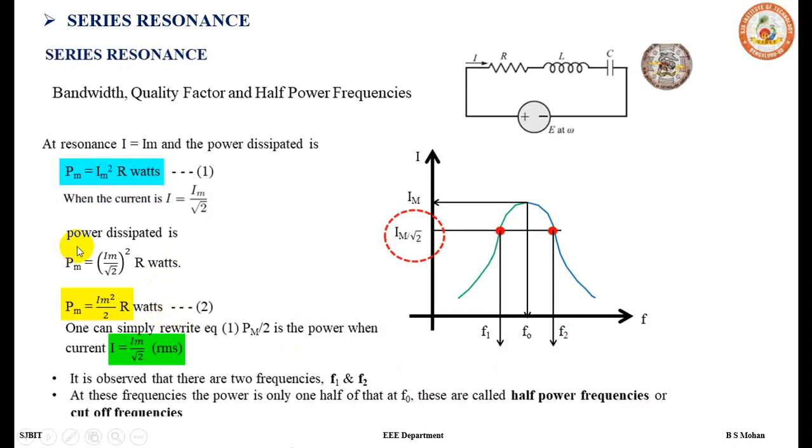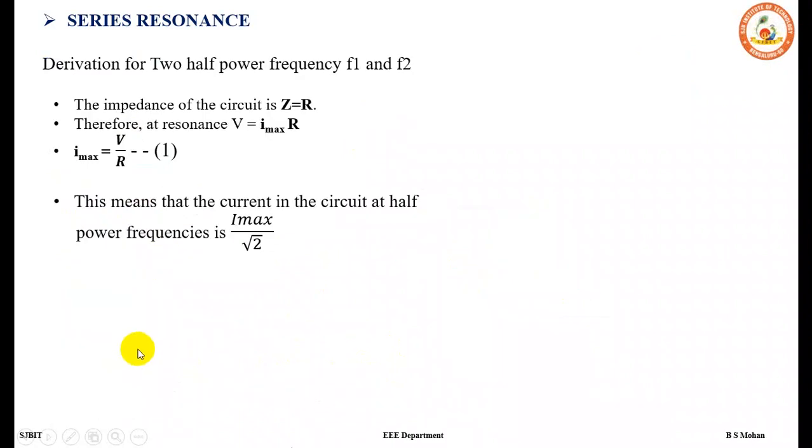This is I max by root 2. Taking P max equal to I max squared into R, we get maximum power. Taking the RMS value of current, we land up with P max by 2 for I equal to I max by root 2. We have seen this in the earlier video.